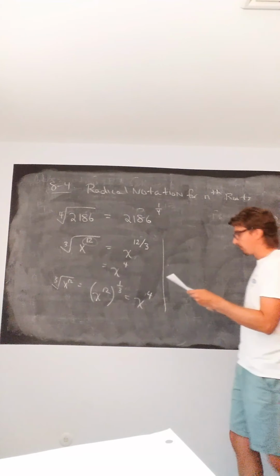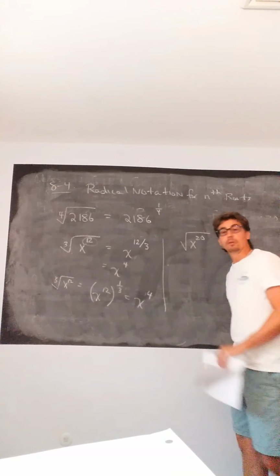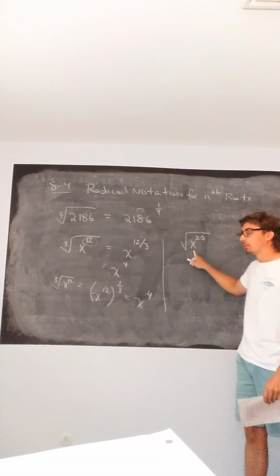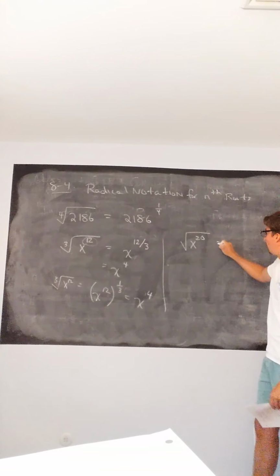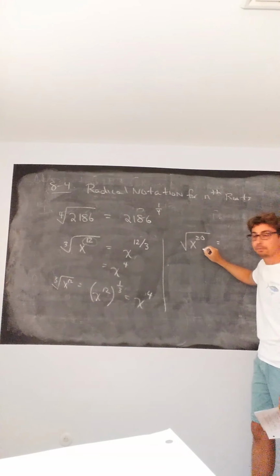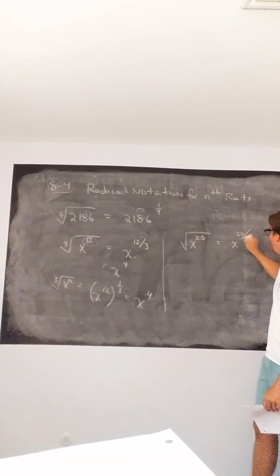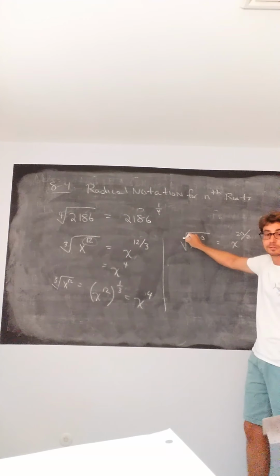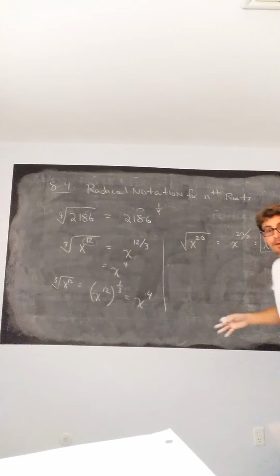Here's another example. Say we have the square root of x to the 20th. Earlier in the year, we looked at how we could do this by breaking this up in pairs of 2 x's at a time. But we could also do this quickly using an exponent. So I could write this as x to the 20th over 2, because this is a square root, so there's an invisible 2. So this would be x to the 10th, just like that. Now, how else can you write it?